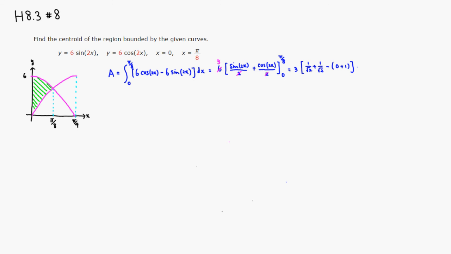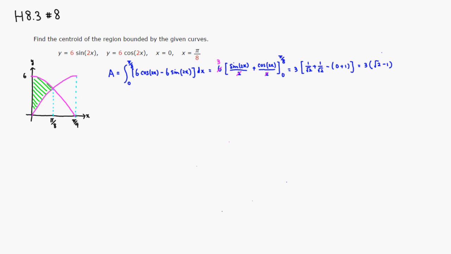So you get 3 times 1 over square root of 2 plus 1 over square root of 2, which is 2 over square root of 2, which is square root of 2, and then minus 1. So that's the area.